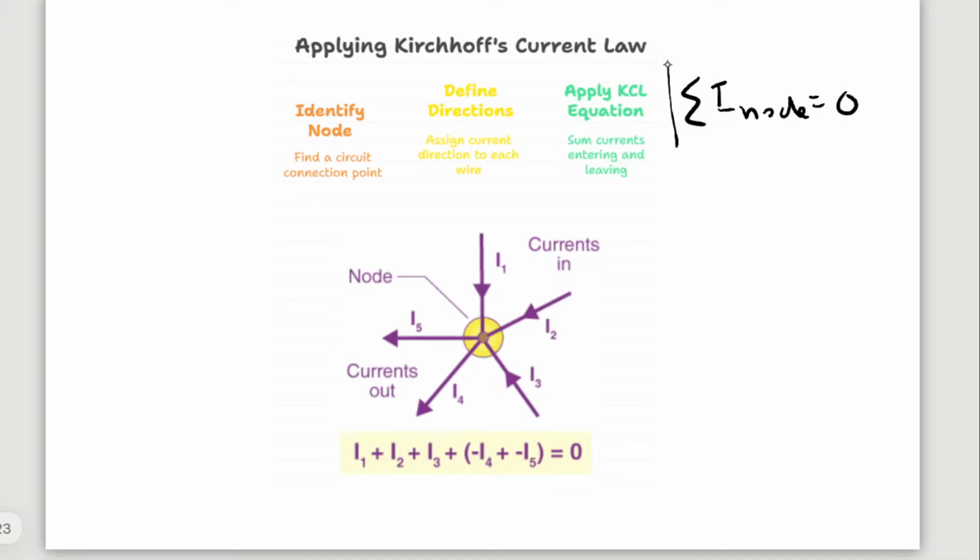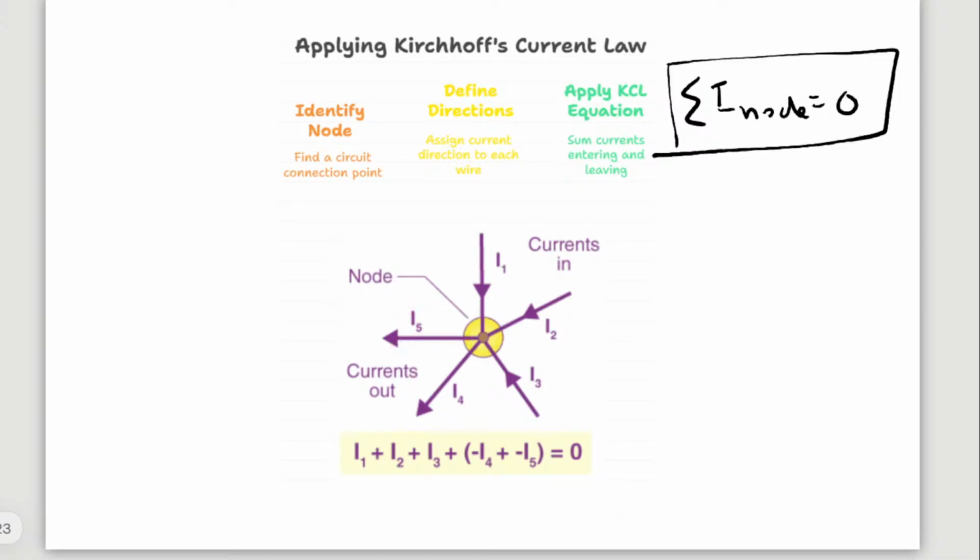This is the basic definition of Kirchhoff current law. So here consider a node. Here it is a node. Current is entering as I1, this is entering as I2, this is entering as I3, this is leaving the node as I4, then this is also leaving the node as I5.